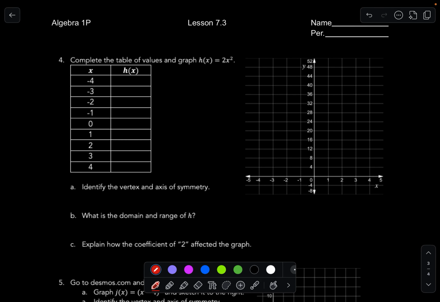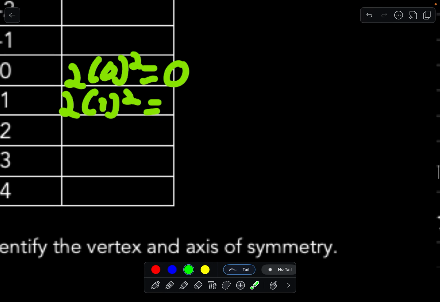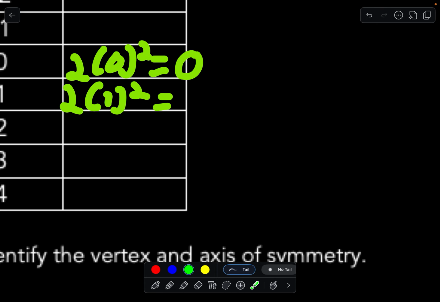Now they say complete the table of values and graph h of x for h of x equal to 2x squared. So when x is 0, that'll be 2 times 0 squared, which is 0. When x is 1, that's 2 times 1 squared. Well, remember your orders of ops. When you're evaluating something like this, the first thing you're going to do is evaluate the thing that's raised to the second power.